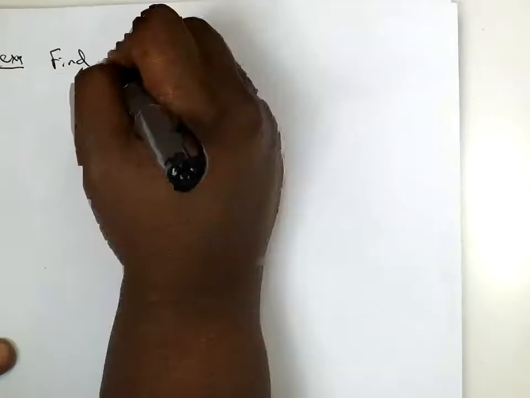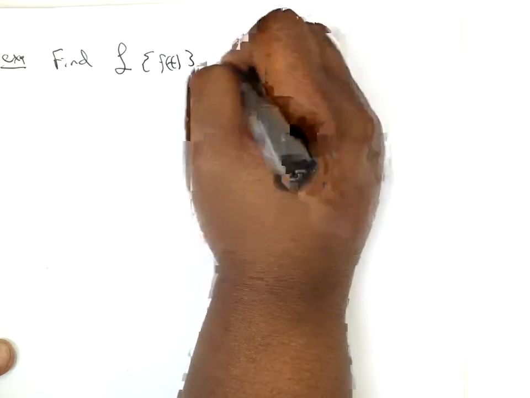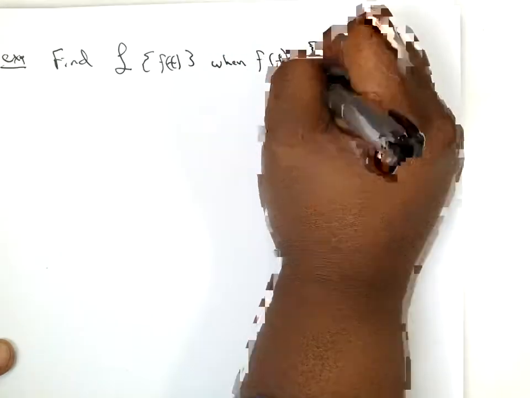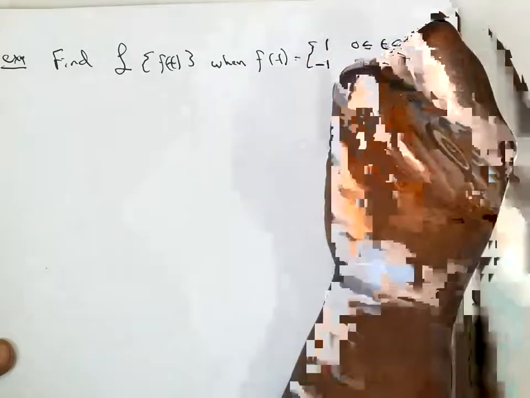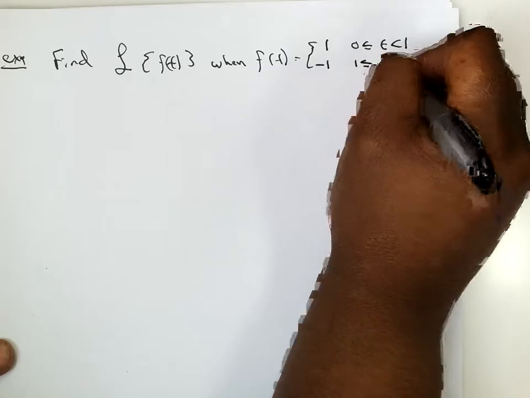So I'm going to do one out for you. I want to find the Laplace transform of f of t when f of t is equal to 1 when t is between 0 and 1, and it's equal to negative 1 when t is between 1 and 2.